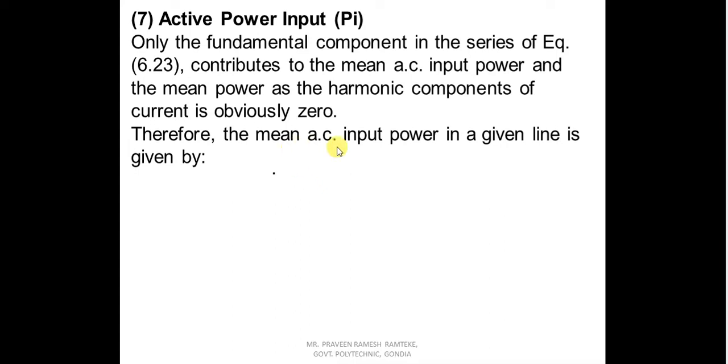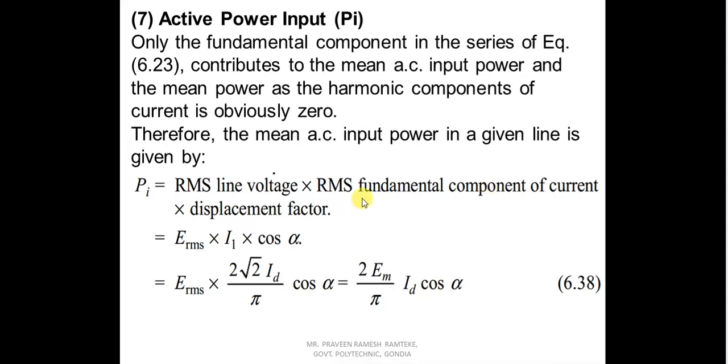Therefore the mean AC power in a given line, Pi, means the active power input, is the product of the RMS line voltage, the RMS fundamental component of current and the displacement factor. So E RMS times I1 times cos alpha. Solving it, we get Pi equals 2 Em by pi Id cos alpha.